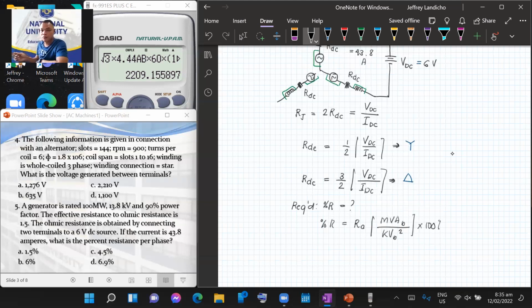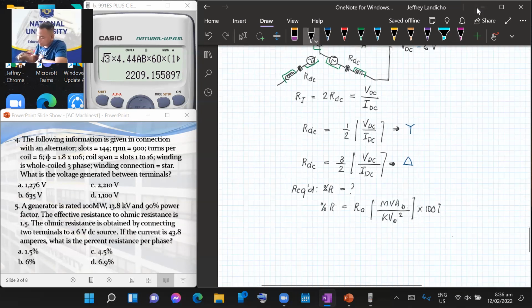Saan mo kukunin yung bases? Kung walang binanggit, kukunin natin doon sa rating ng ating machines. Ano rating ng ating machines? Meron siyang 100 megawatts and operating at 90% power factor. So, makukuha natin si MVA base. Ano ang line-to-line voltage niya? 13.8. So, that should be our KV base. So, no more problem.